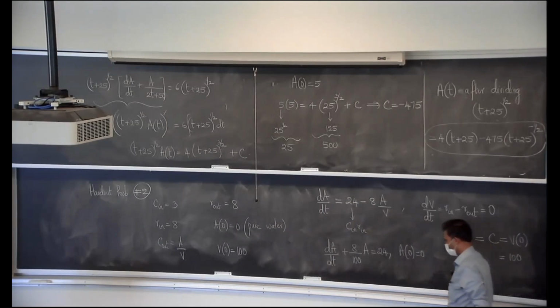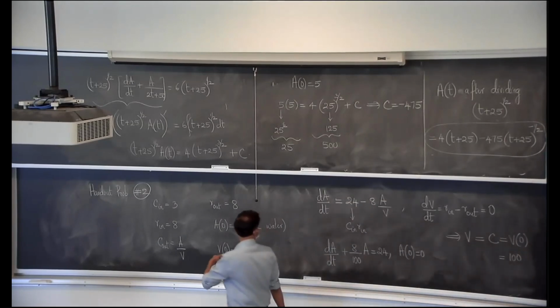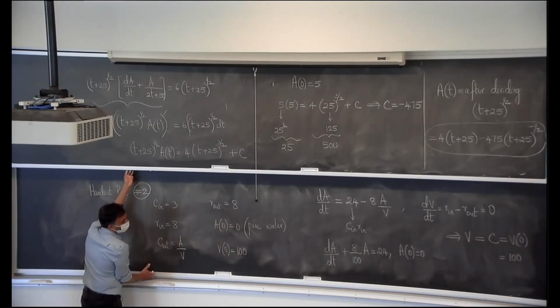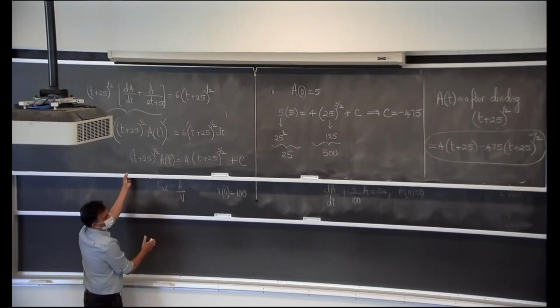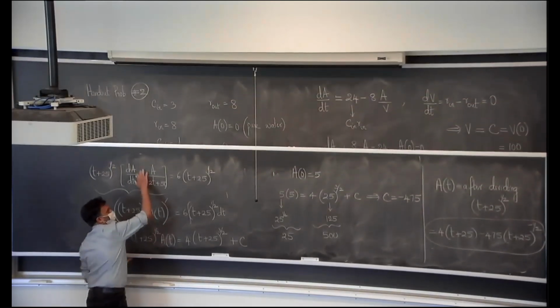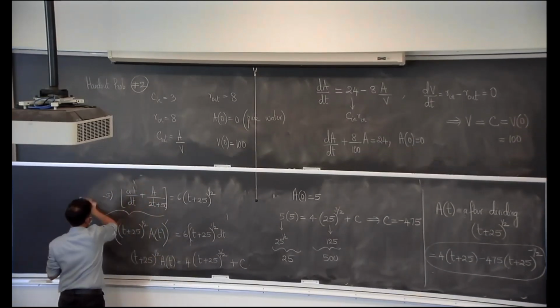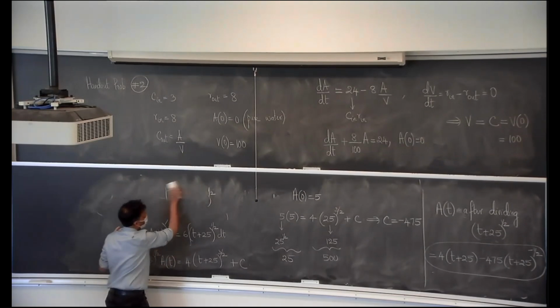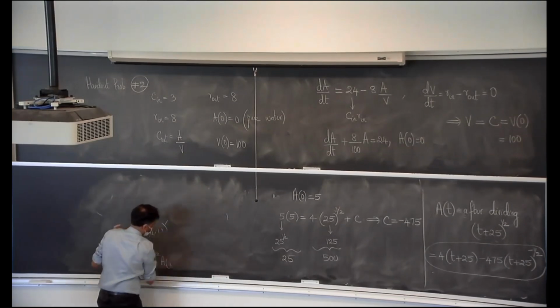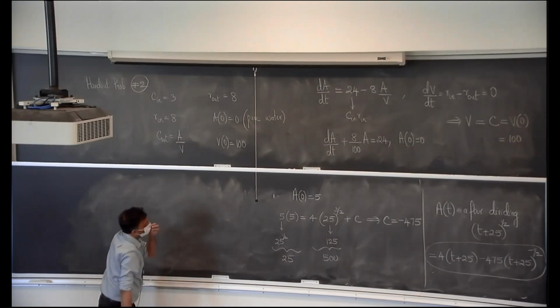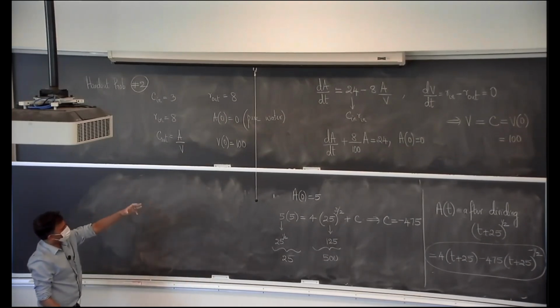That will make it kind of a useless problem. 8 over 100 is 2 over 25.